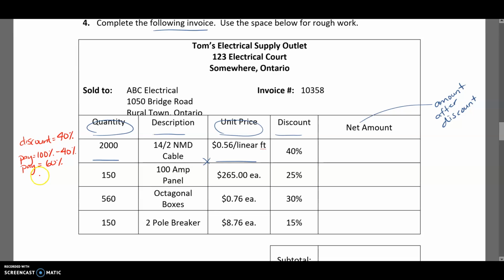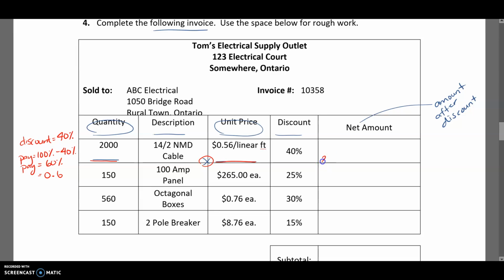As a decimal, that's 0.6. So the simplest way to do this calculation is to take the quantity we're purchasing and multiply by the unit price to tell us the total amount we're paying, and then multiply by the portion we're going to pay, which in this first line is 60%.